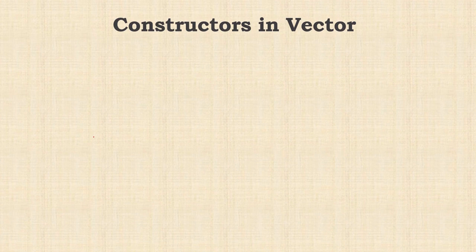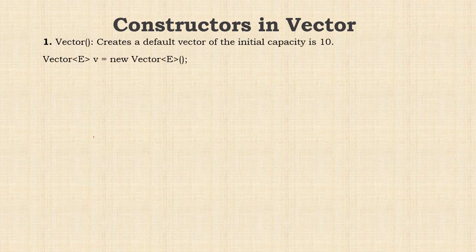Now we are going to see constructors in vector. In how many ways can we create a vector? This is the first way. Create a default vector, the initial capacity is 10. The initial capacity will be 10 for vector, and this is applicable for ArrayList also. If you are creating an ArrayList, the initial capacity will be 10, same as vector.